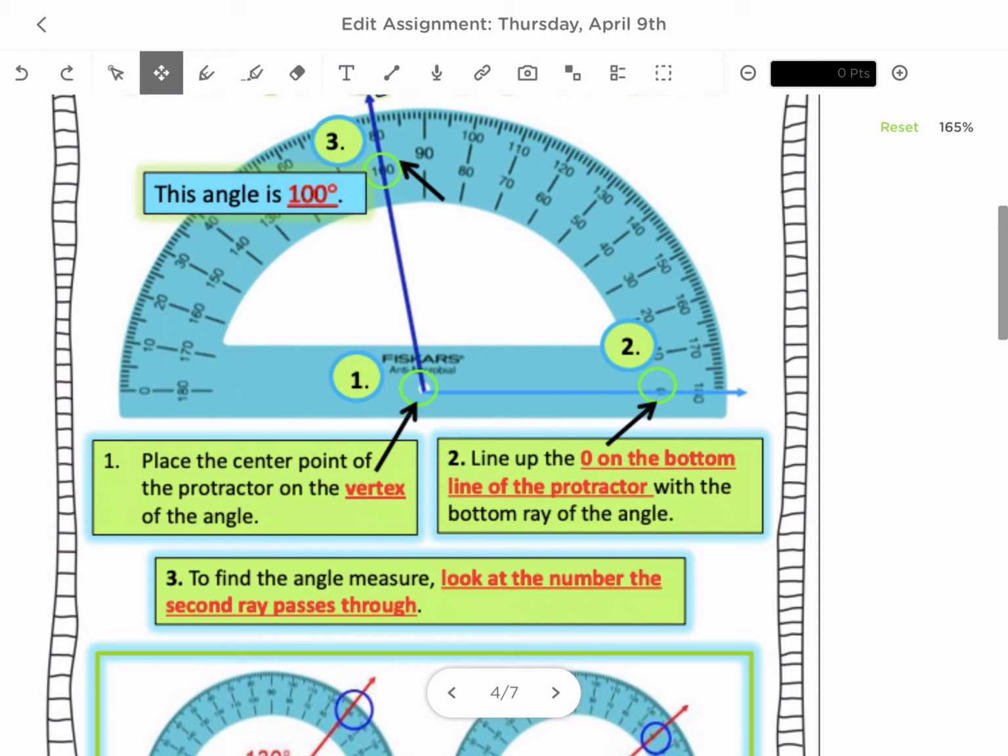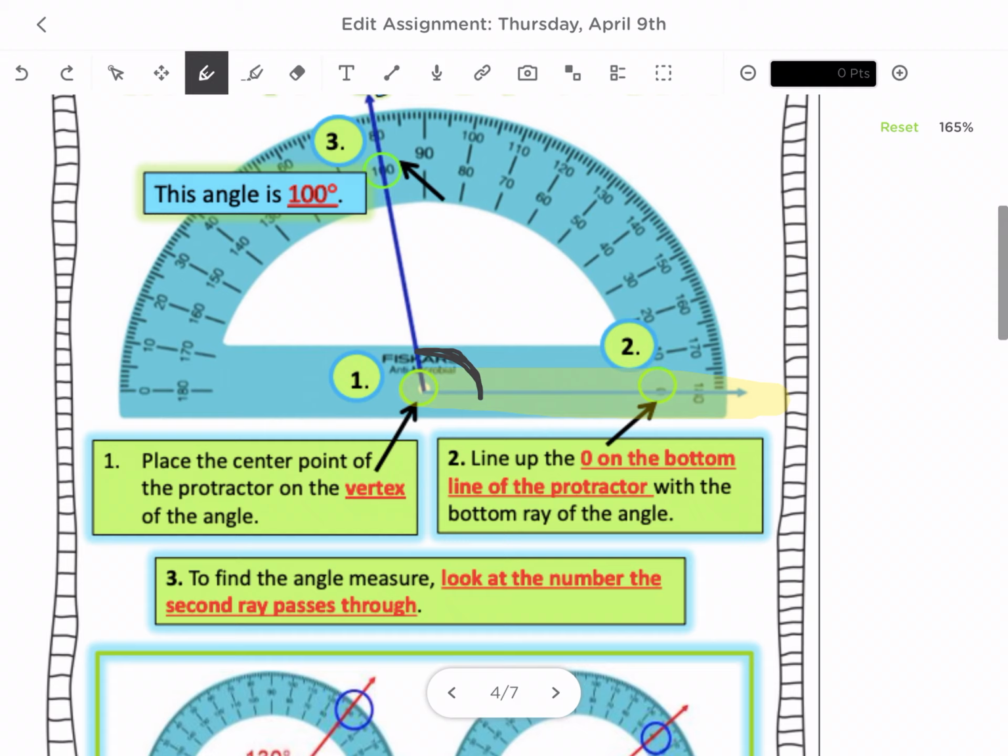Okay, so you want to make sure that your vertex is in that center hole, and the second thing you do is line up your bottom line on the 0 of the bottom of the protractor. That way your vertex is in the center hole, and your bottom line is right on 0. That way you are able to see what the measurement is, so you are measuring your angle.